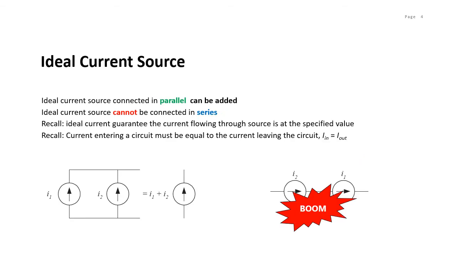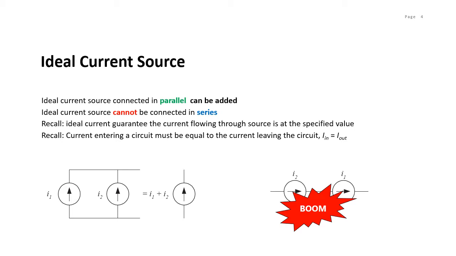Next, let's go to ideal current sources. Ideal current sources connected in parallel can be added, and ideal current sources cannot be connected in series. Let's recall that an ideal current source guarantees the current flowing through the source is at the specified value, and current entering a circuit must be equal to the current leaving the circuit.